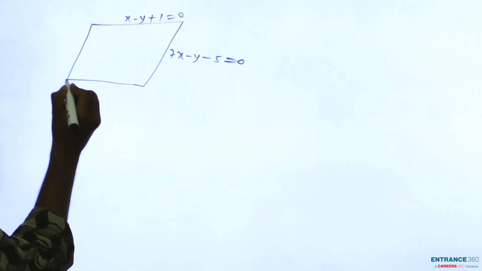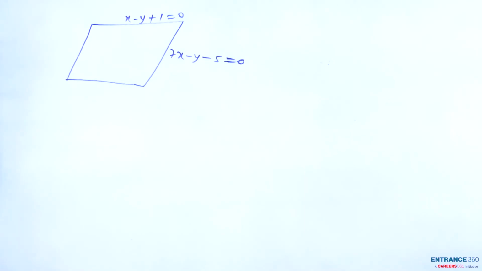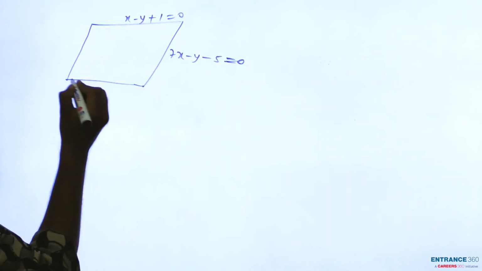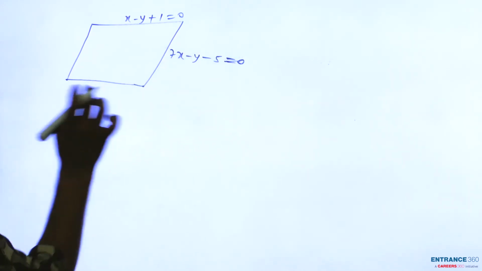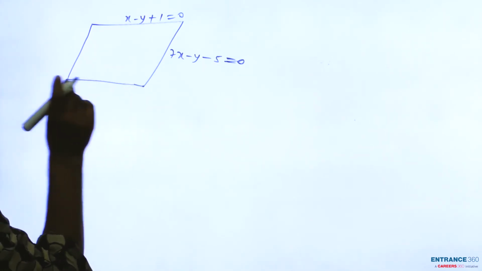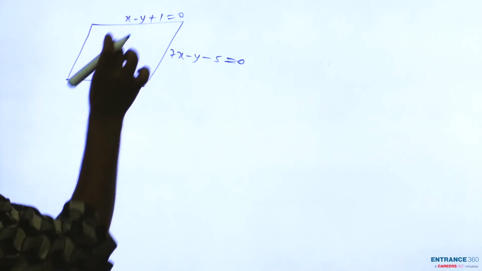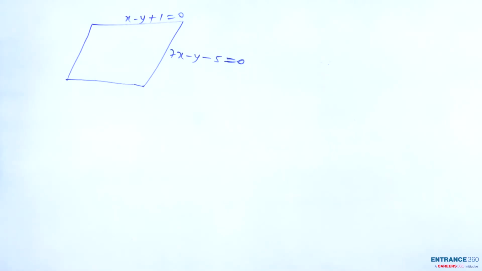You might be thinking, why would I not take the equations of these other straight lines? If the lines are parallel, their slopes should be equal.